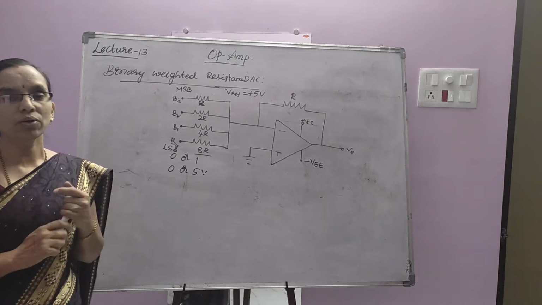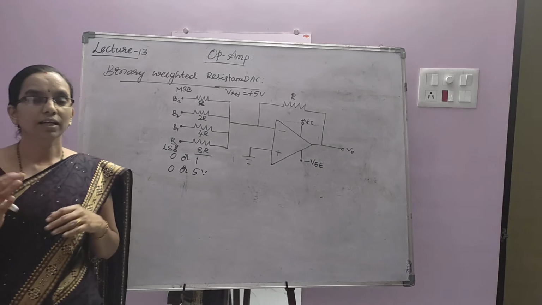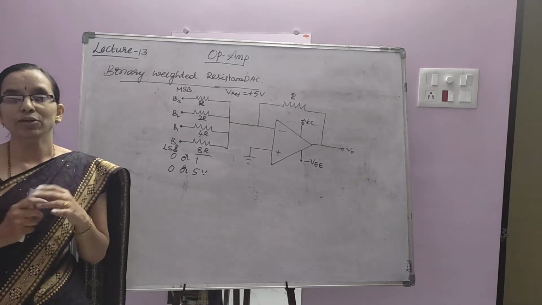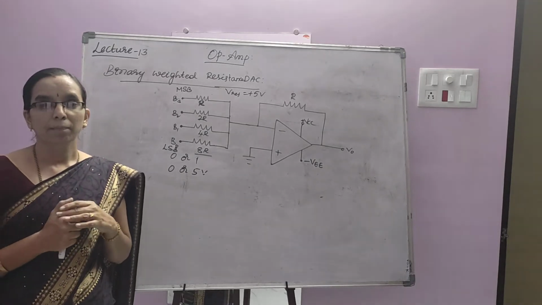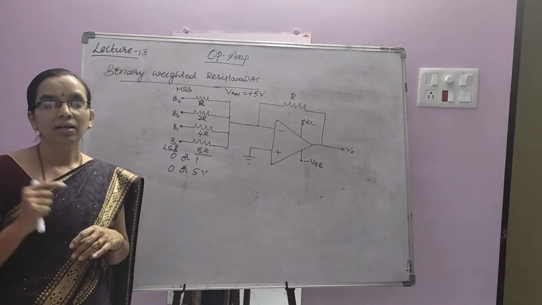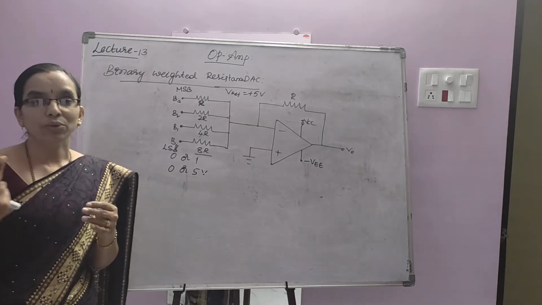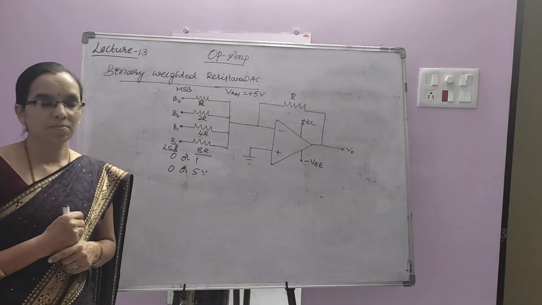So in the R-2R ladder network, only two value resistances are used. The circuit is a little complicated to analyze, but it is easy for a manufacturer to have only two value resistances.